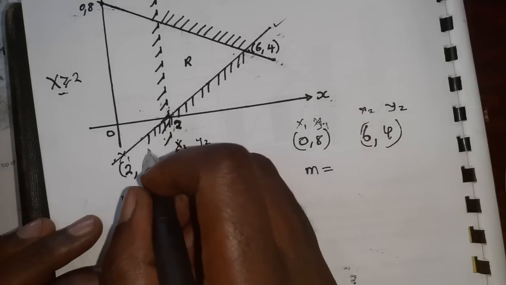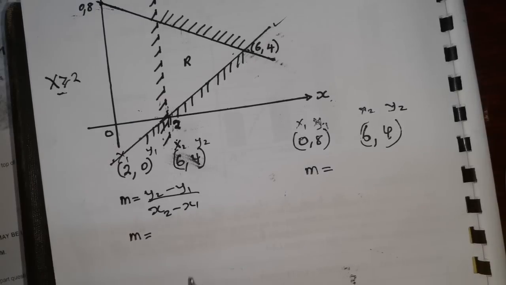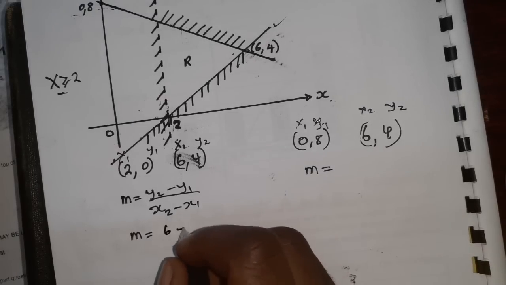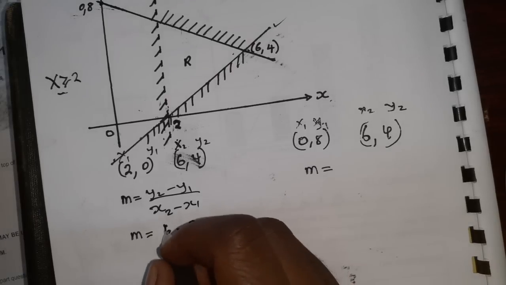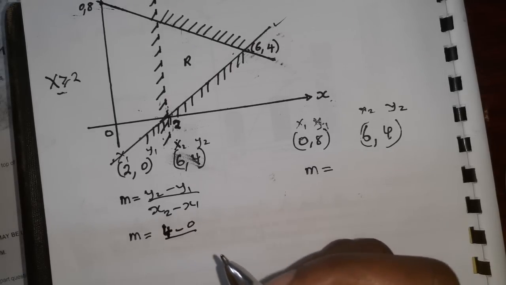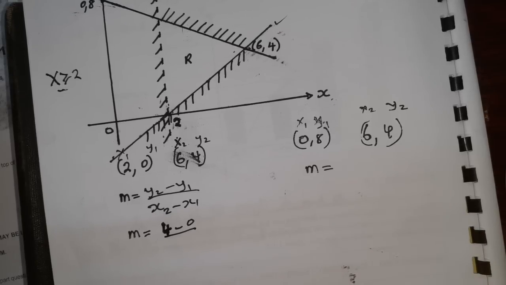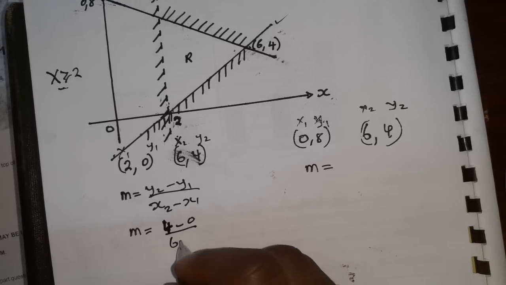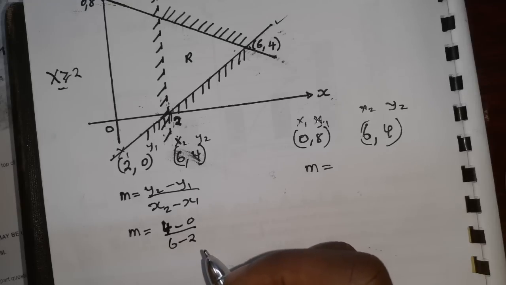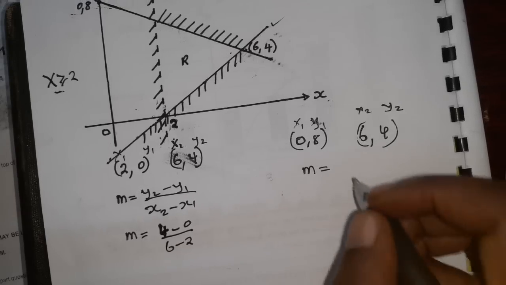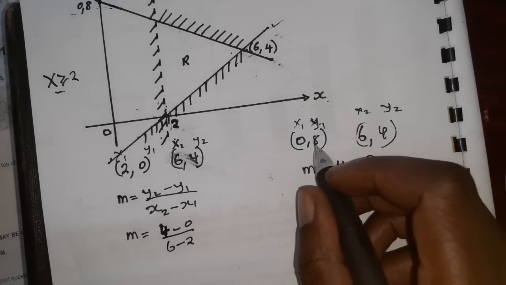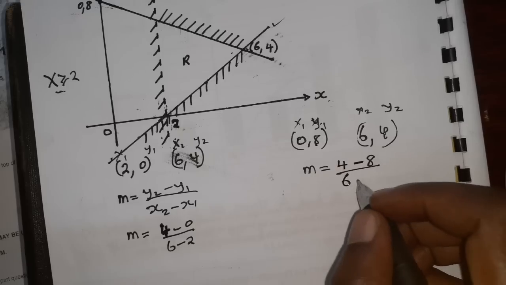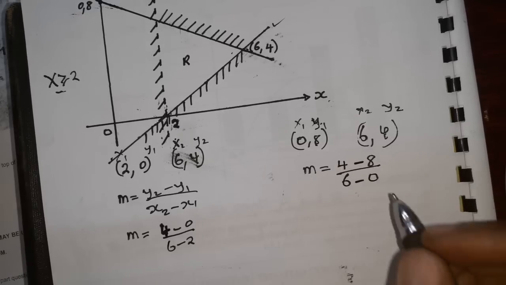So we say y2, which is 4, minus 0, over 6 minus 2. And this side is going to be 4 minus 8 over 6 minus 0.